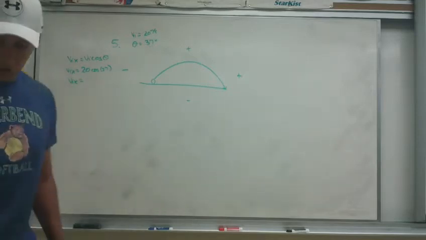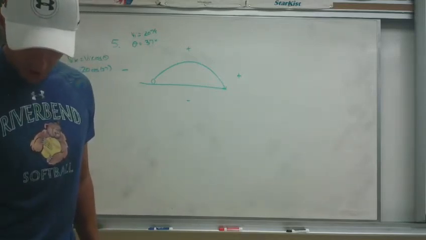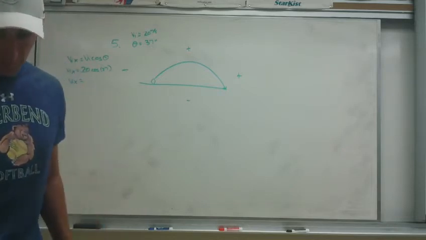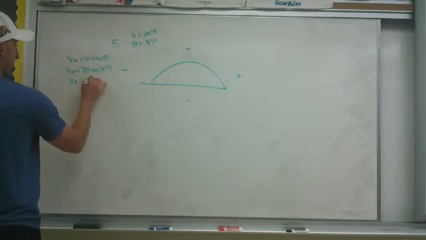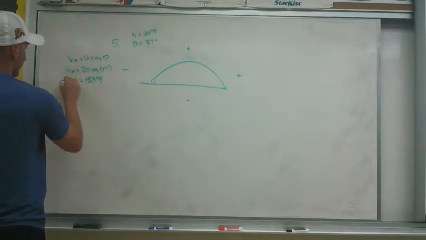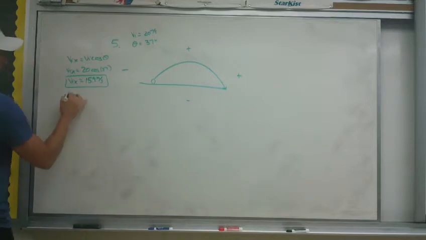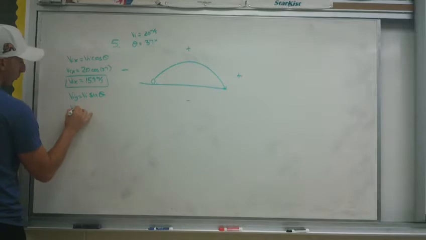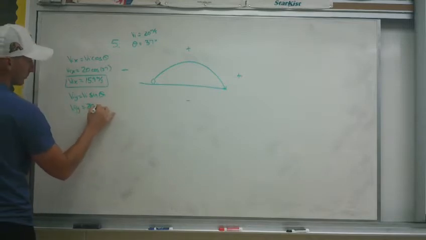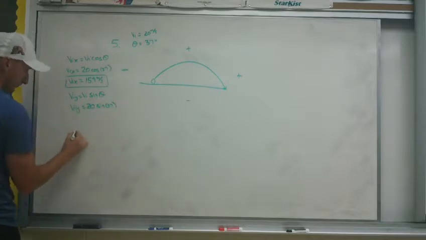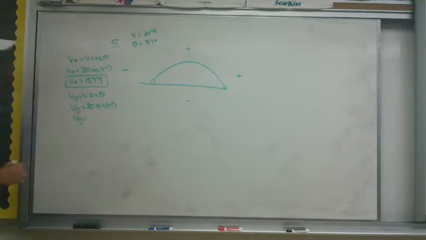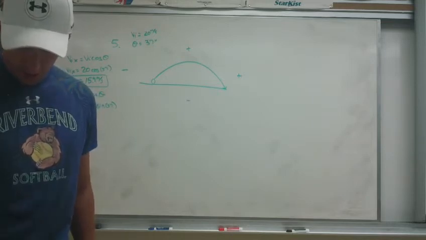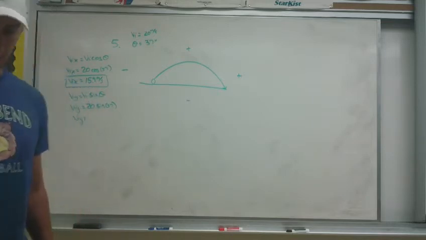So I do cosine 37 times 20. I get 15.9 meters per second. I have to find Viy. Viy equals Vi sine theta, so Viy equals 20 sine 37. Sine 37 times 20, I get 12 meters per second.